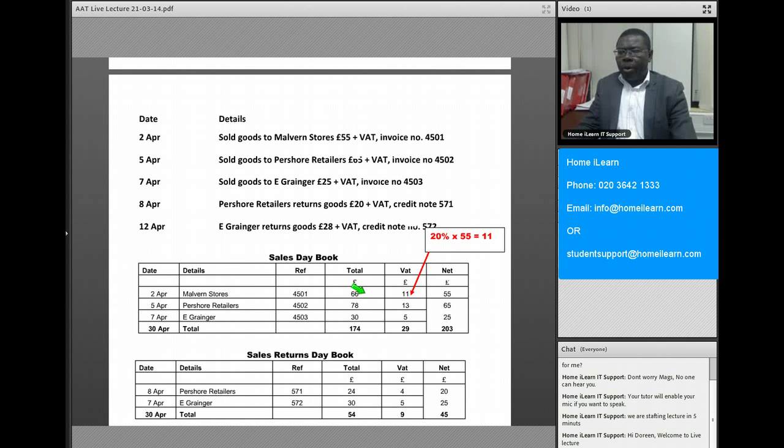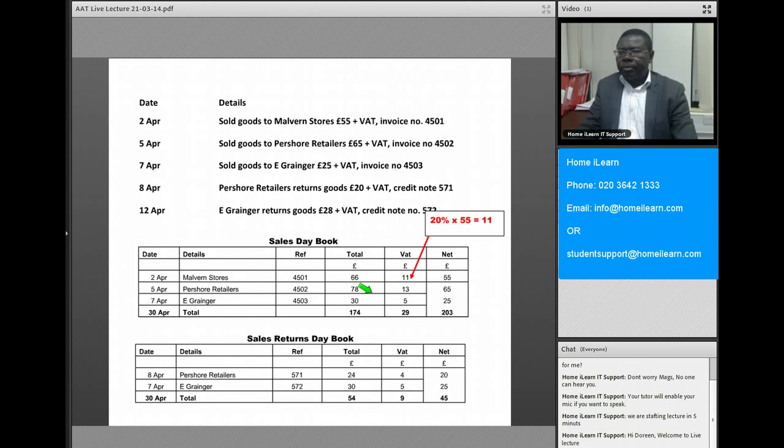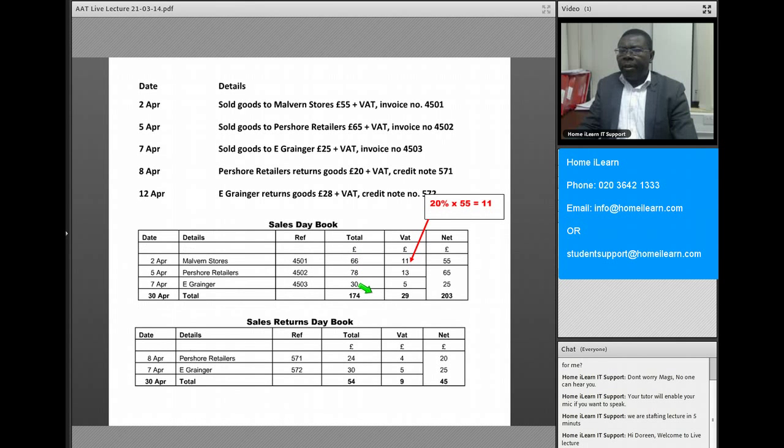In the sales day book, we have a column for the net amount, which is the amount before VAT. Then we add on top of that our VAT calculation. The net plus the VAT gives you the total, and the total amount is what the customer owes us. Great. So you can see how these are recorded.